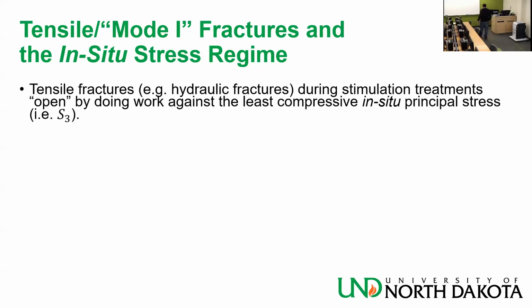Now, in 1957, Hubbert derived those equations and then used those equations to explain that fractures are not always horizontal or always vertical. They can be either horizontal or vertical.